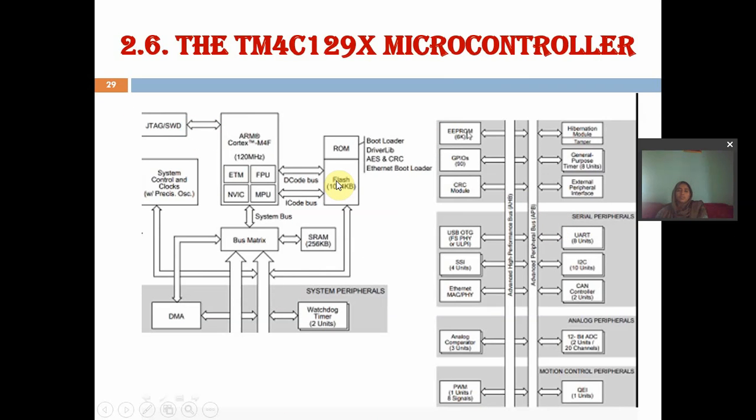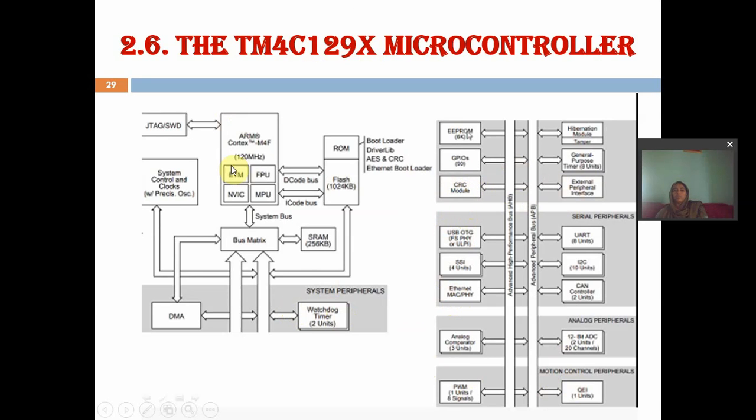This is an advanced microcontroller. We have advanced blocks like CRC for security and Ethernet compared to the 123. The remaining blocks are almost all the same as the TM4C123, and here they have introduced new blocks for security purposes.